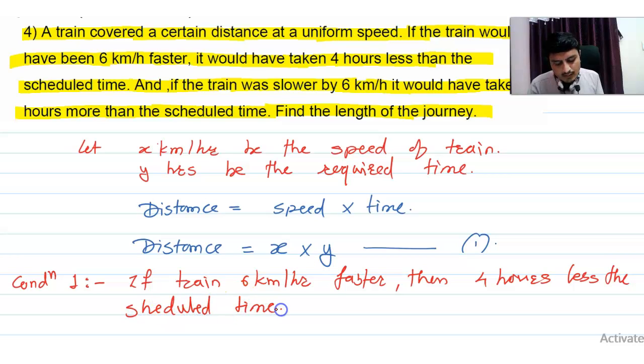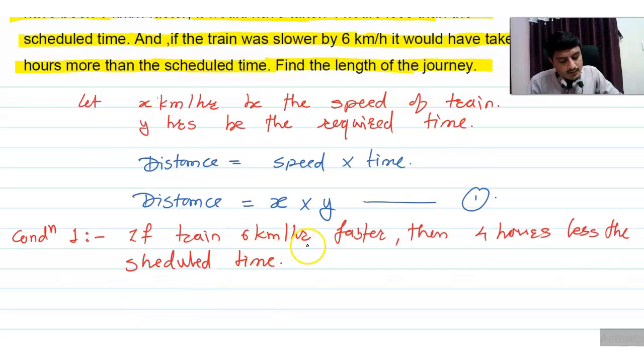That means the speed of the train becomes, originally x km per hour, now faster means 6 km per hour more. That means we have to add 6 to x.